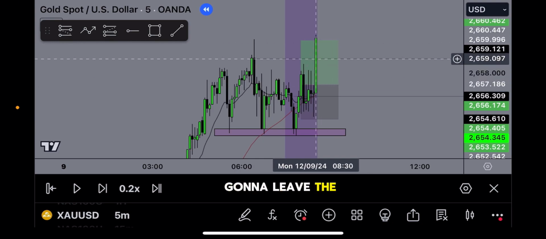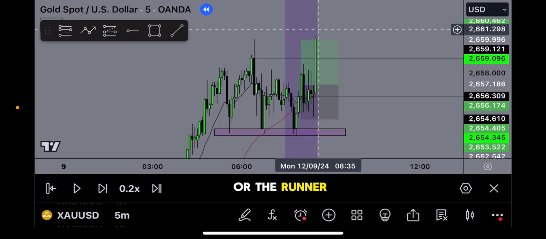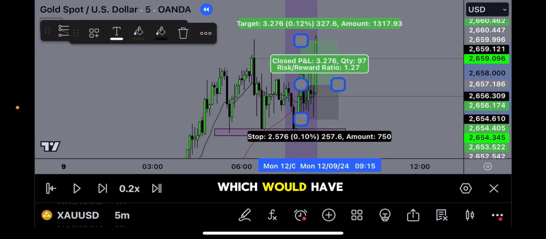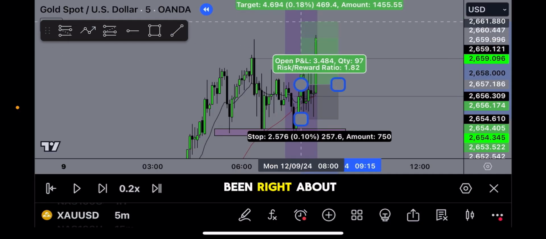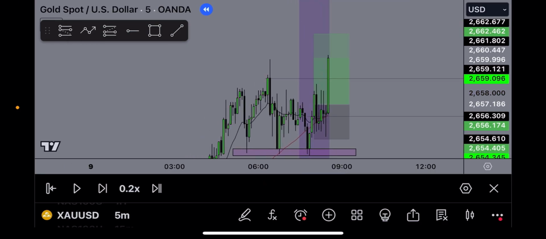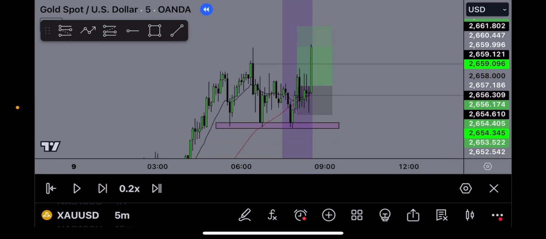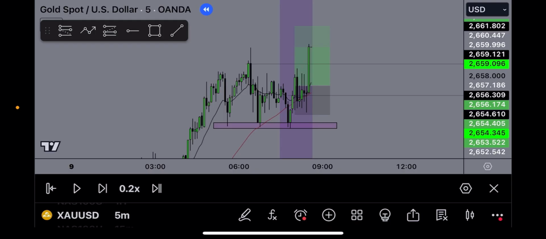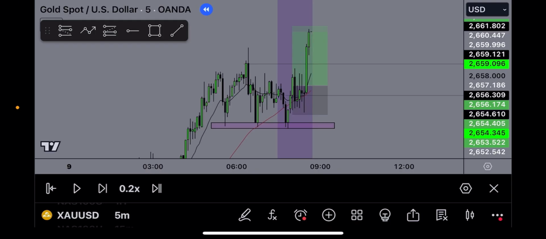And then you're gonna leave the other portion or the runner to your TP2, which would have been right about here. This would have been your TP2. Let's see what would have happened. Okay, TP2 got hit. So right here, I would have maximized the most out of my winning trade.